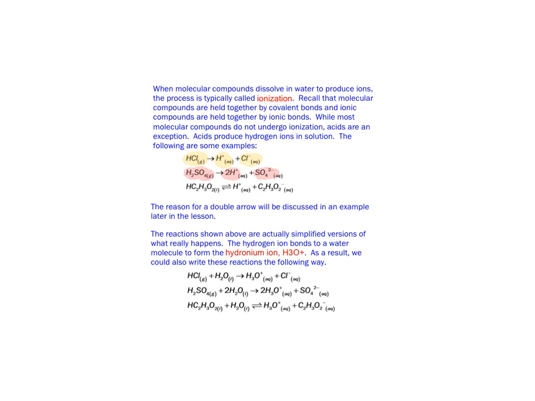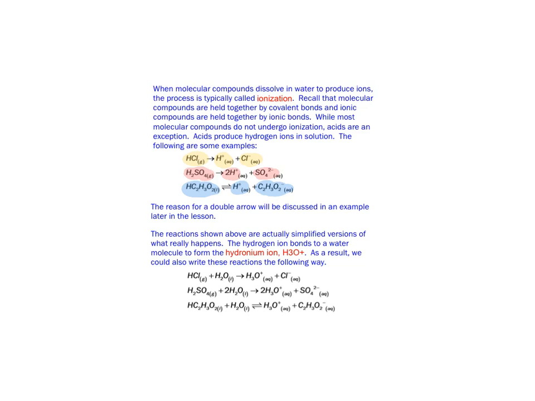And then we have acetic acid, and it gives us a hydrogen ion plus an acetate ion as well. Now, the reason for the double arrow in the last equation will be discussed in an example in just a little while. The reactions shown above are simplified versions of what really happens.